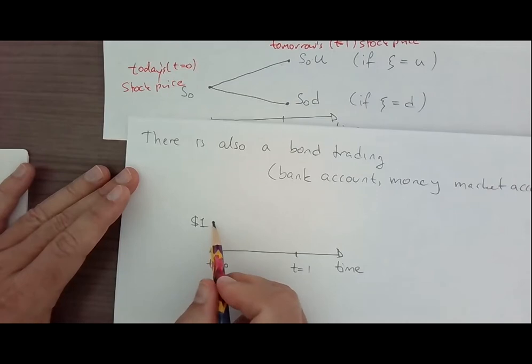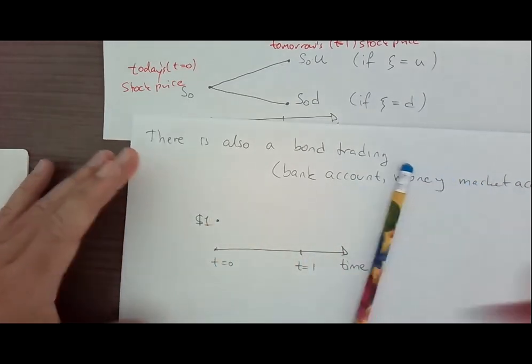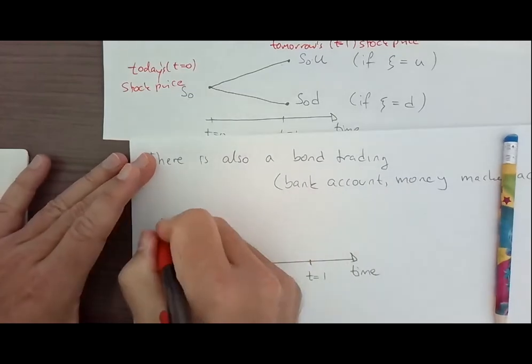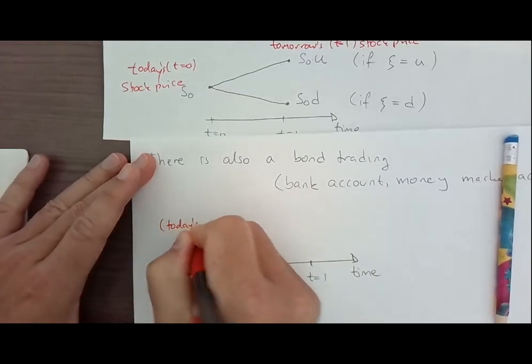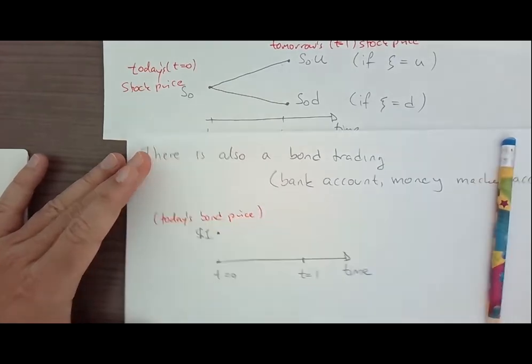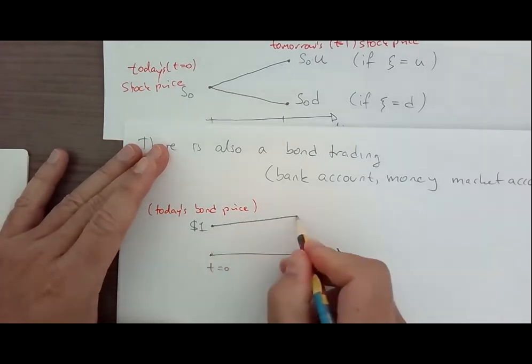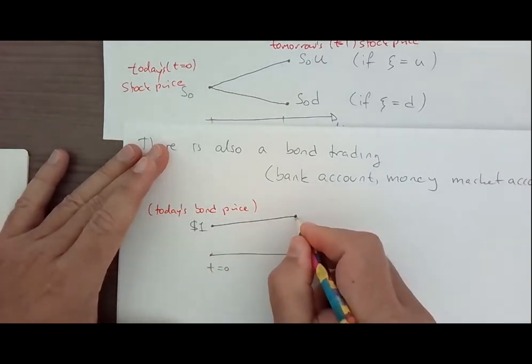That's today's bond price. And then the bond price tomorrow, there's only going to be one possibility.